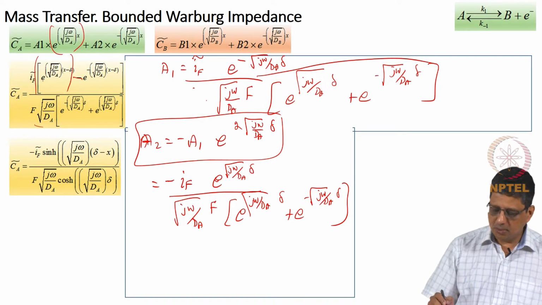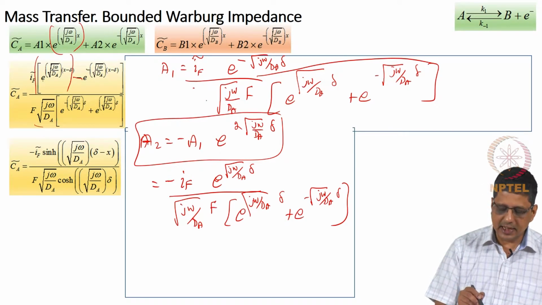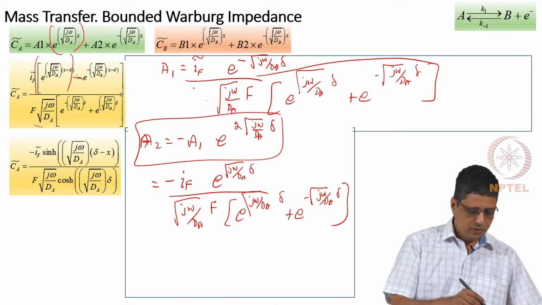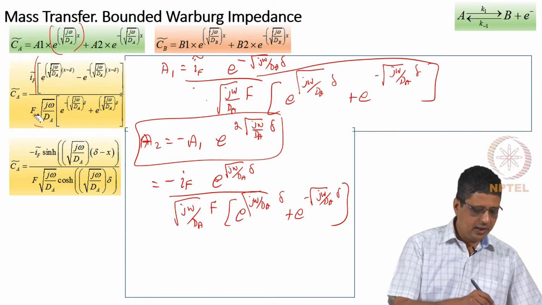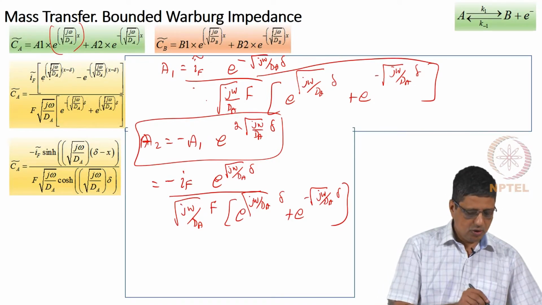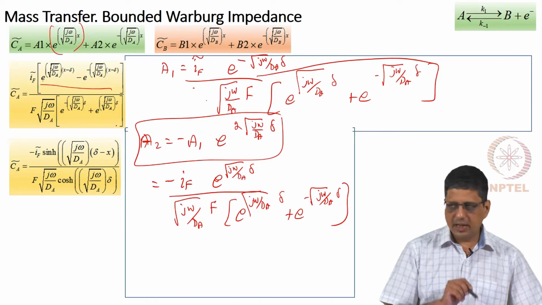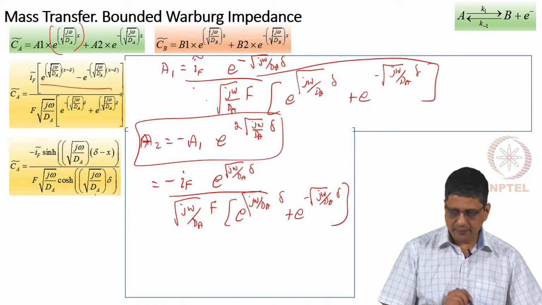A2 is going to be e power j omega by dA delta minus x. Instead of writing it as delta minus x, I write it as minus of x minus delta, so that it can be written in a little more compact form. This numerator is actually 2 times hyperbolic sine, written as sinh, and the denominator is 2 times hyperbolic cosine.